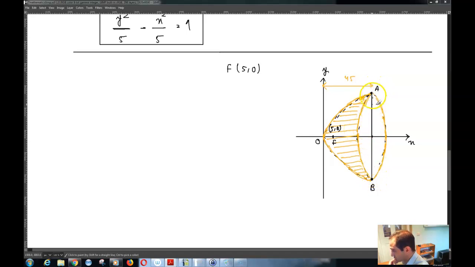Of course, you know that this is not your latus rectum, because your latus rectum would be this line segment over here, the line going through the focus.